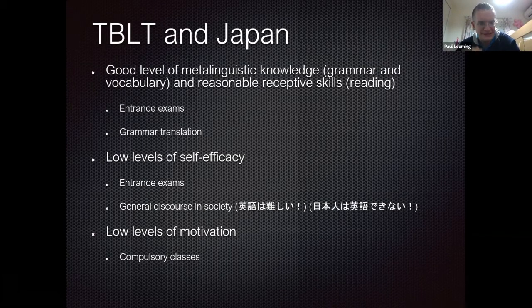Okay, so I've got to pass these classes. Okay, I'll do that. So you've got this low motivation with a lot of students. You do have English majors, you have very highly motivated students often mixed in with these classes, but generally these are 3 elements that I've found in lots and lots of students in Japan. So why is TBLT perfect for these students?